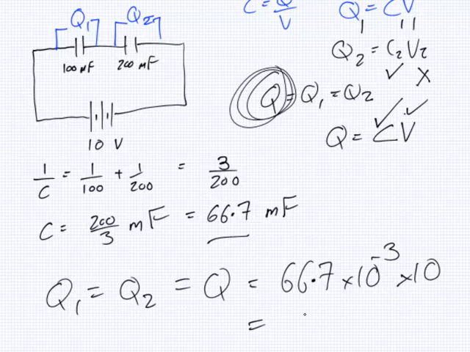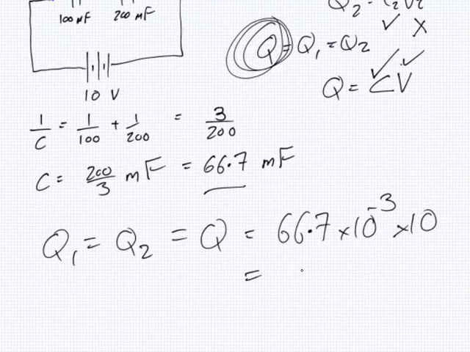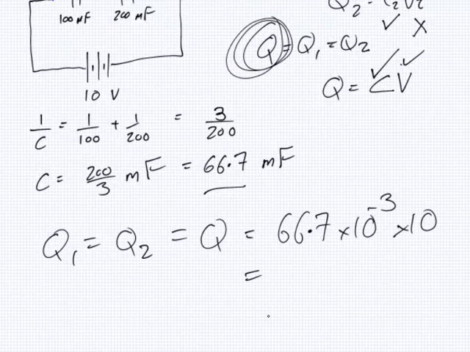6.7 coulombs. Are you sure? No, 0.7. Hang on, I'll do it myself in my head. Right, 66.7 times 10 to the minus 2. 0.667.